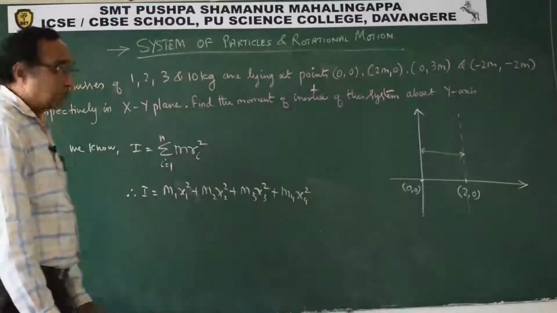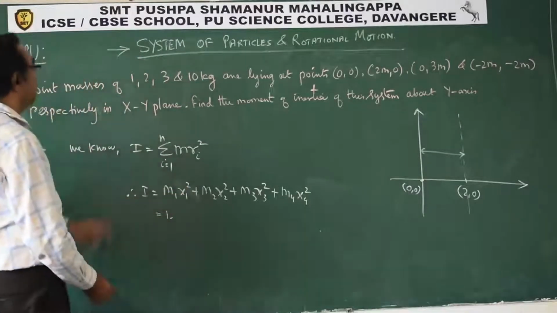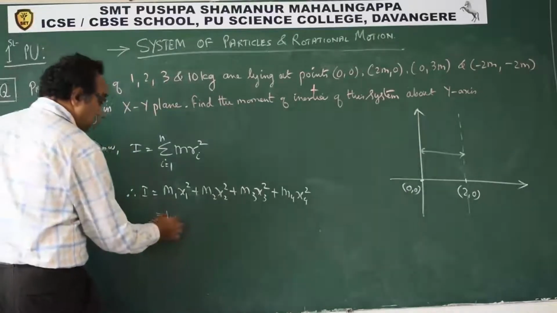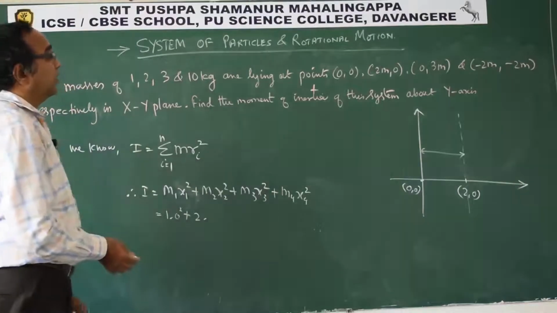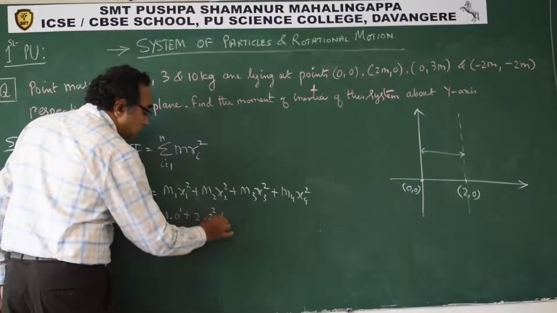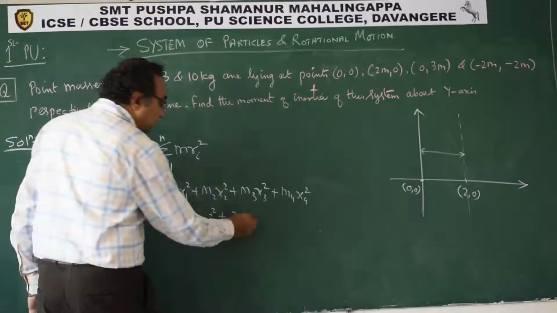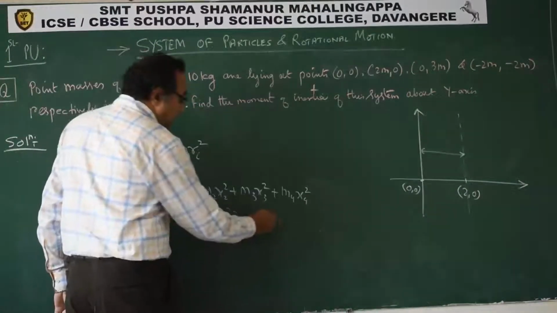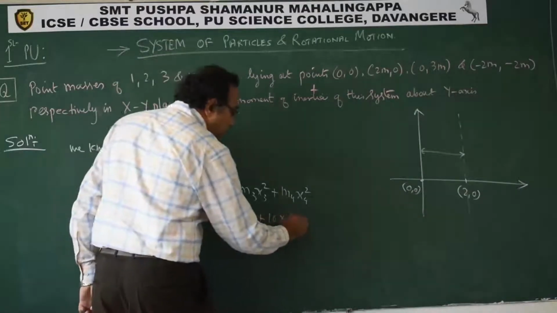This is what we get. Now m1 is 1 kg, x1 is 0. m2 is 2 kg, x2 is 2 meters. m3 is 3 kg, x3 is 0. Then 10 kg, and its x coordinate is -2.